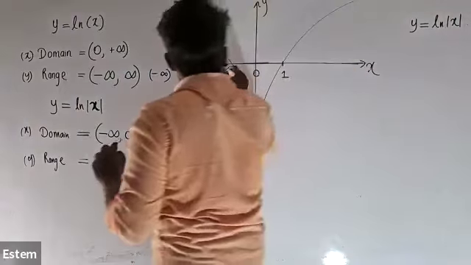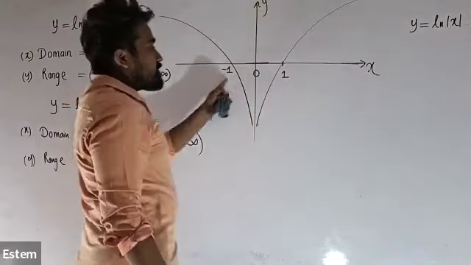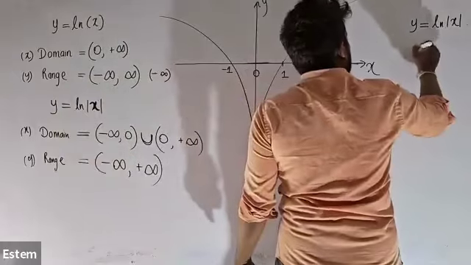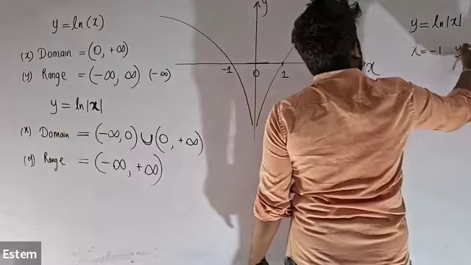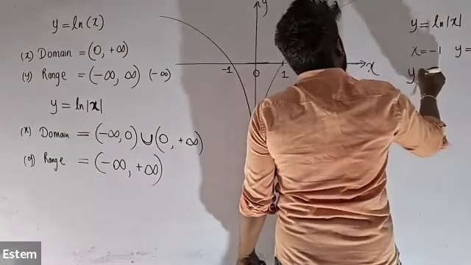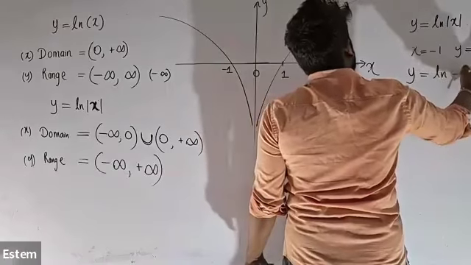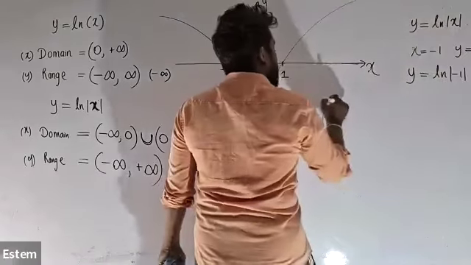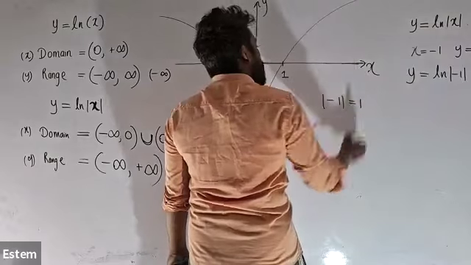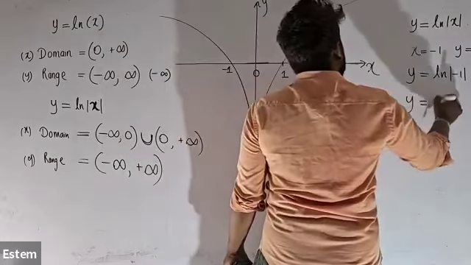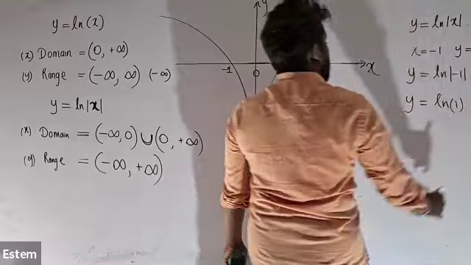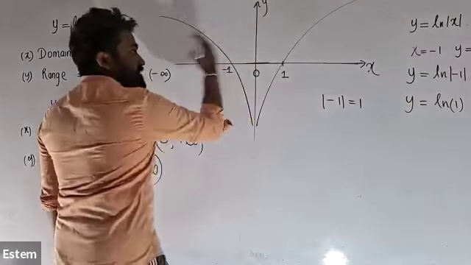This is minus 1. I am applying x equals minus 1 here. When x equals minus 1, what happens to y? y equals ln of the modulus of minus 1. What is the value of the modulus of minus 1? It is 1. So y equals ln 1. This graph is reflected here.